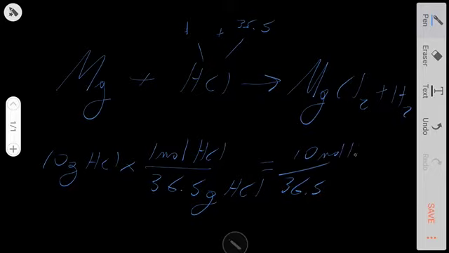Grams HCl cancels with grams HCl. We're left with moles of HCl. So 10 divided by 36.5 should give you 0.0274 moles of HCl.